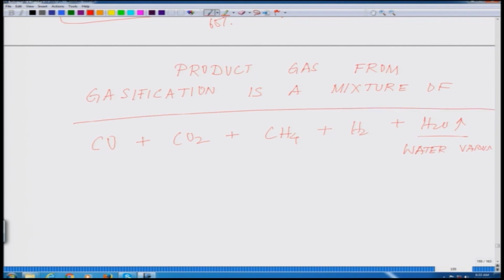This is a complex mixture that you obtain out of this whole process.